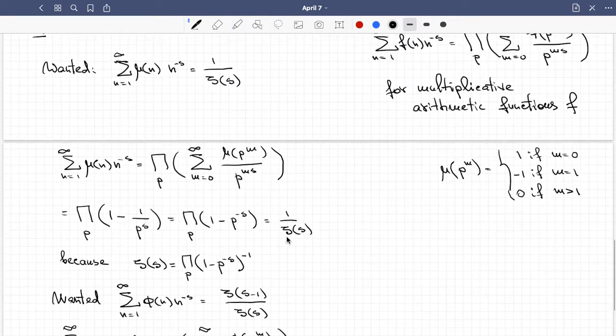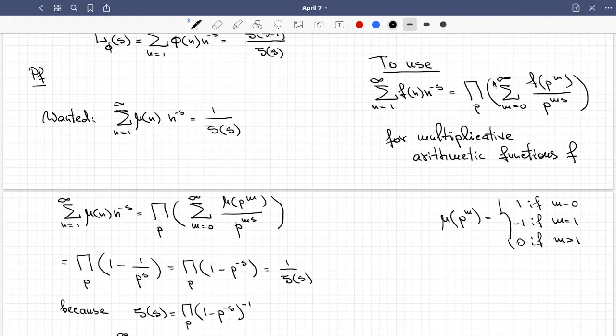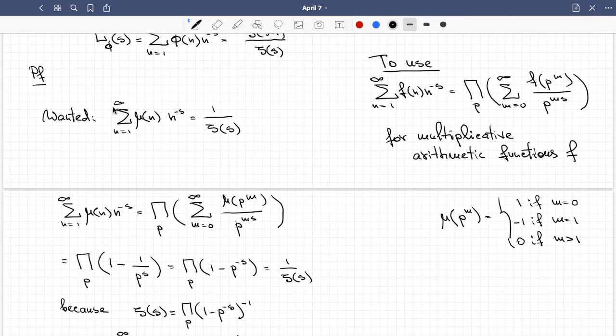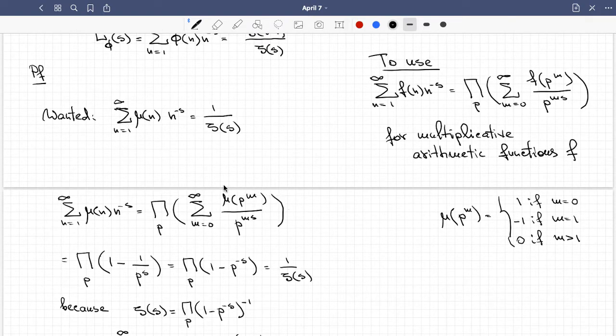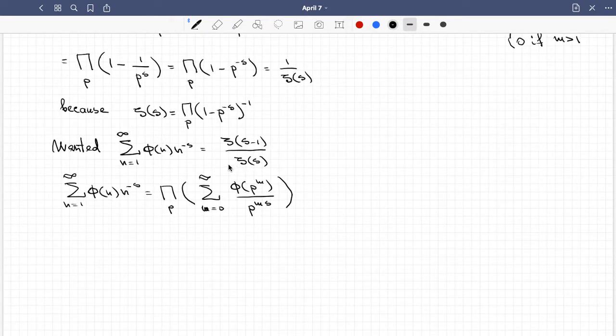Similarly to the previous case, the key is the calculation of this sum. Why did we succeed in proving this identity? Because we succeeded in simplifying this infinite sum to a very simple finite sum. Let us try to evaluate somehow this infinite sum.